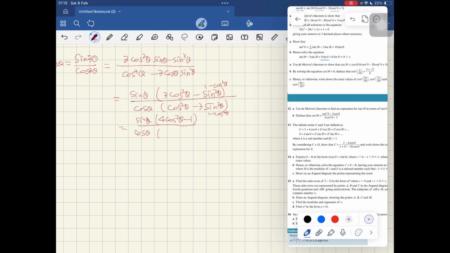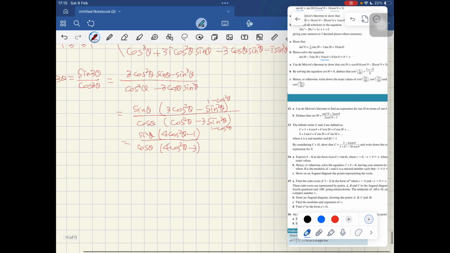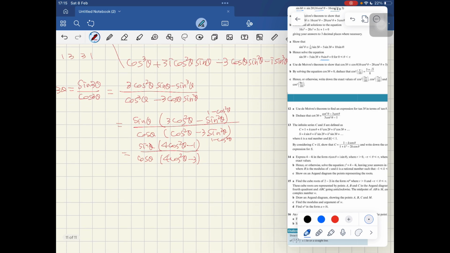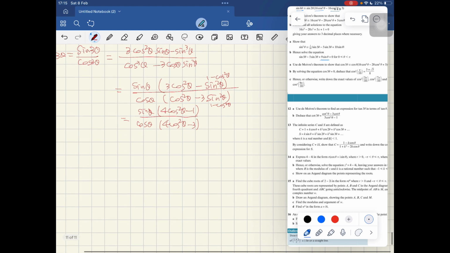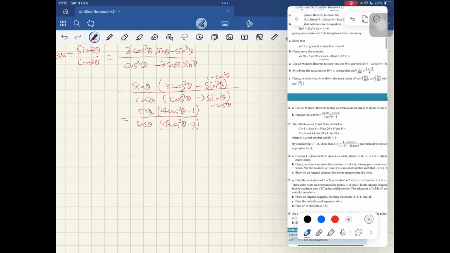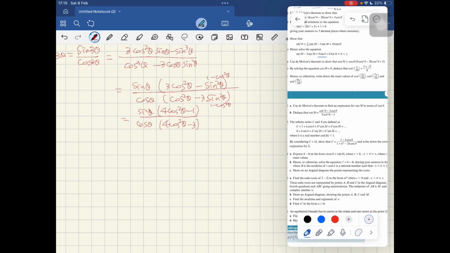What is that? Negative 3 plus 4 cos squared theta, so 4 cos squared theta minus 3. Am I correct? I think so. In terms of tangent theta, sorry.